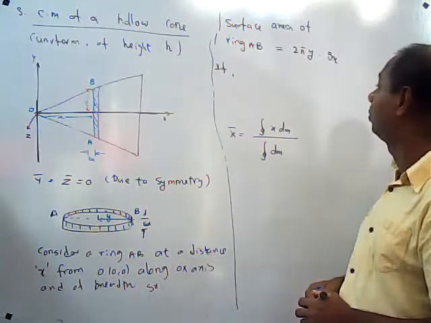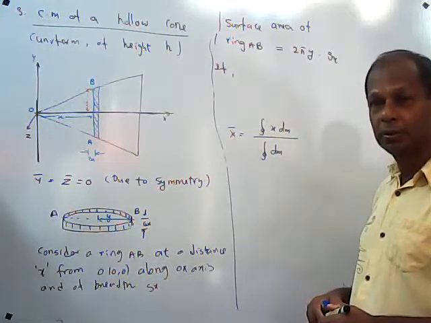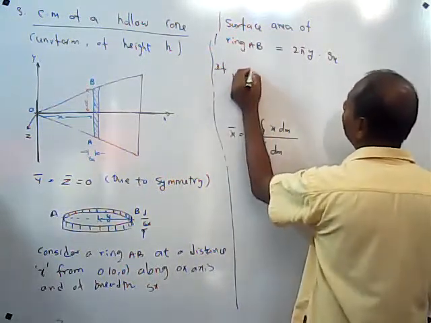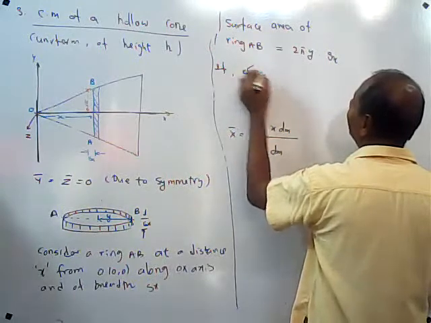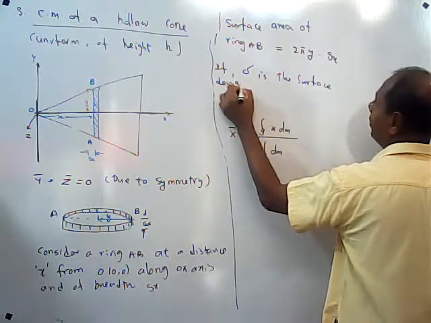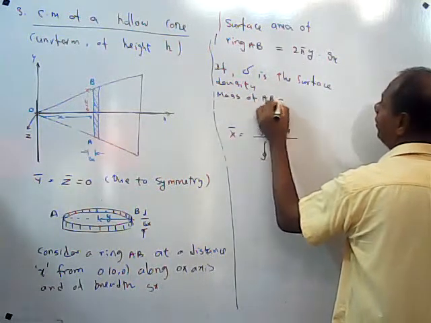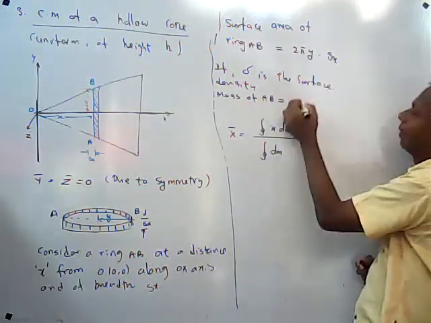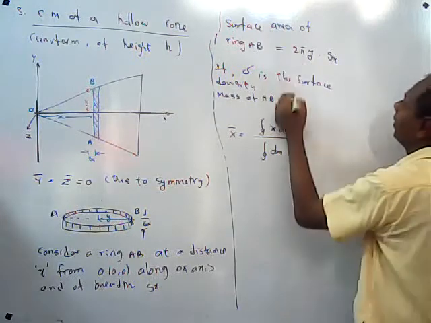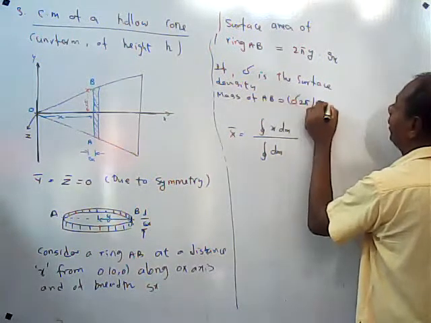No, rho is for last day, for the volume. Then surface density, isn't it sigma? Sigma is the surface density. Mass of ring AB is, you just multiply this by sigma into 2 pi y delta x.